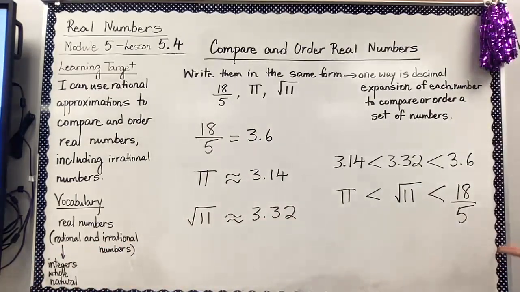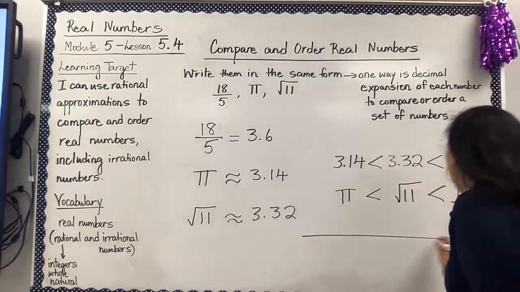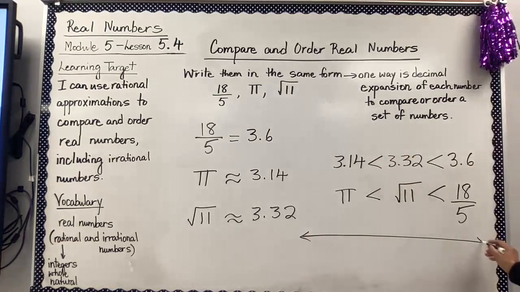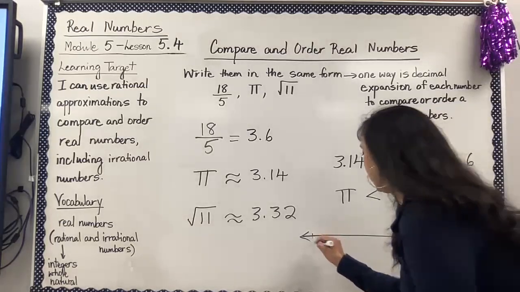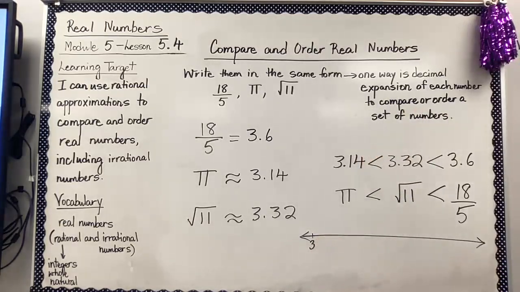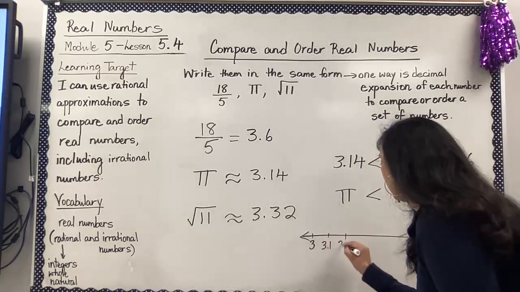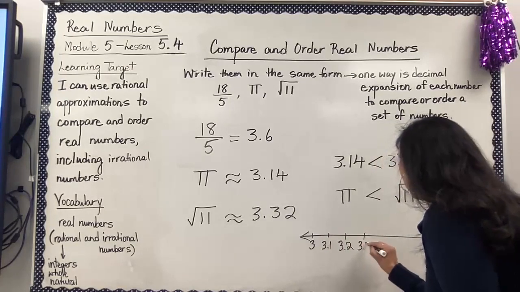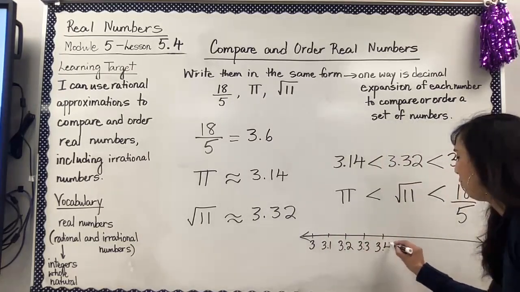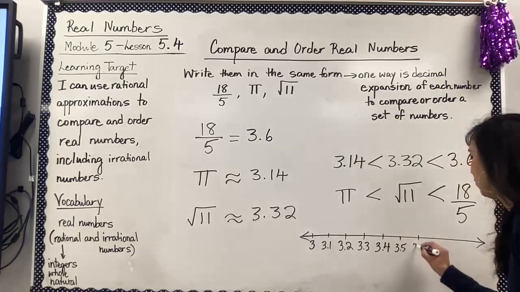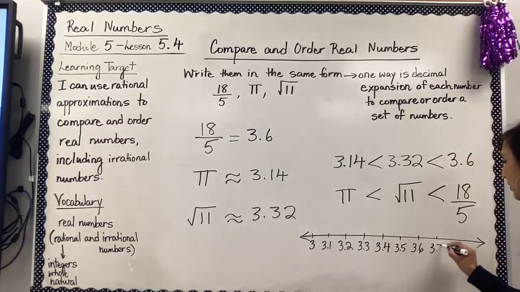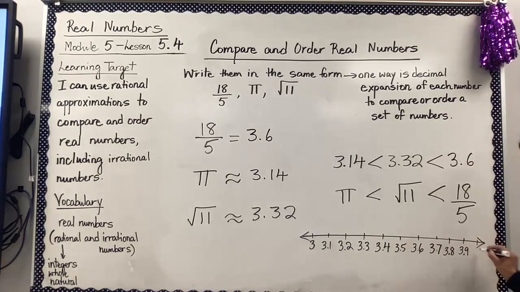I can show you this on a number line. If I do a number line like this, and I start from 3 and go to 4 with 10 parts in the middle, I have 3 and 0 tenths, 3 and 1 tenth, 3 and 2 tenths, 3 and 3 tenths, 3 and 4 tenths, 3 and 5 tenths, 3 and 6 tenths, 3 and 7 tenths, 3 and 8 tenths, 3 and 9 tenths, and we have 4.